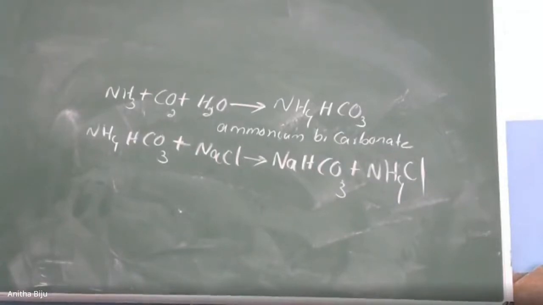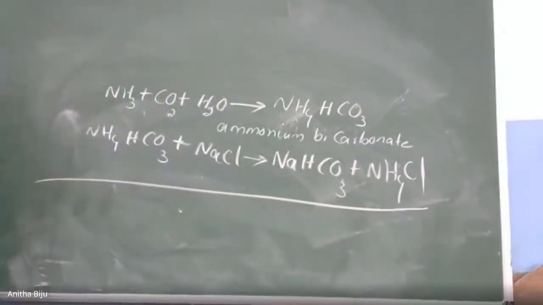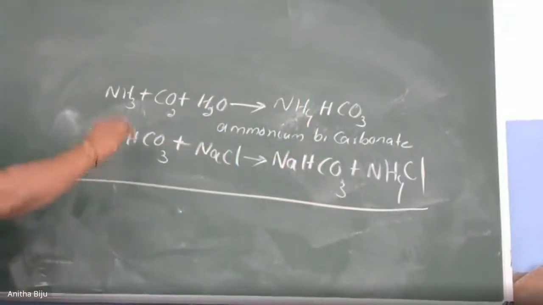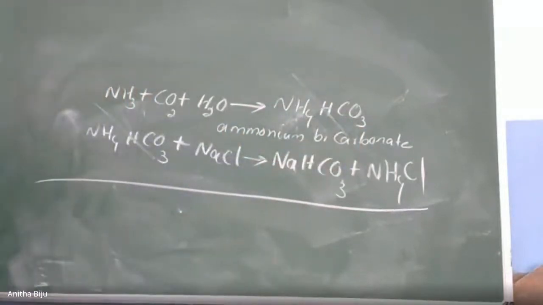Now I will show you how to write the last equation. Add these 2 equations. How to add the equation? You know that this is present on the left side and it is also present on the right side. So we can cancel this. Now add. Add means what?